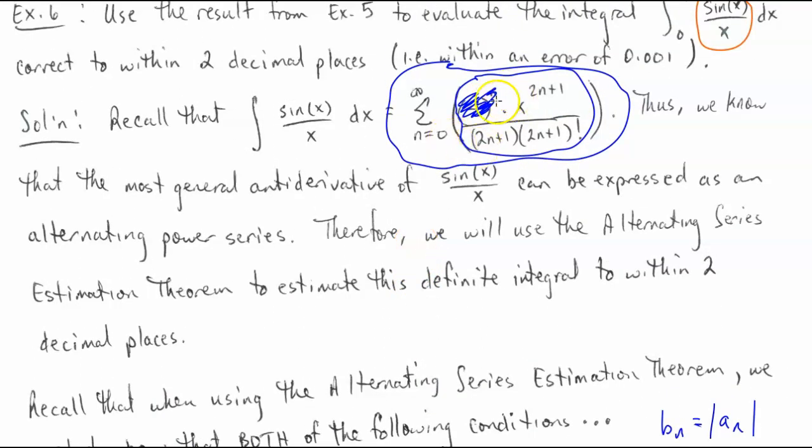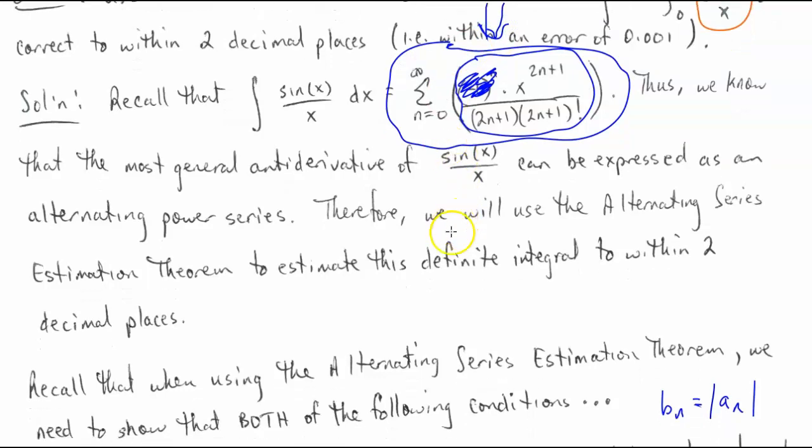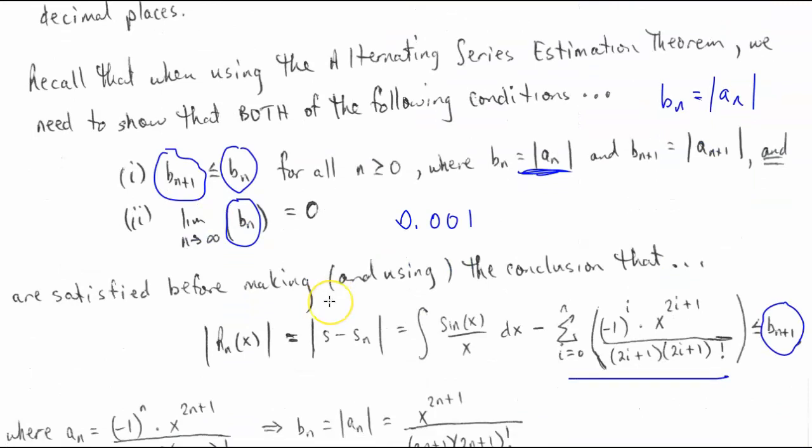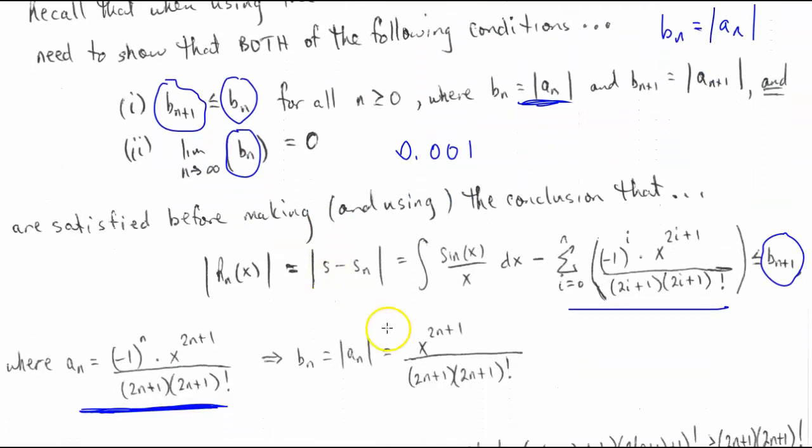So if we are basically using this power series right here for the antiderivative of sine x divided by x, so the sequence is everything that was inside the summations, and of course b sub n is just going to be everywhere where we see n. We are going to have n plus 1, and of course absolute value of that gets rid of the -1 raised to the n, okay?